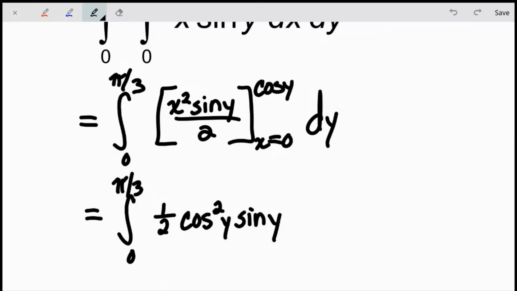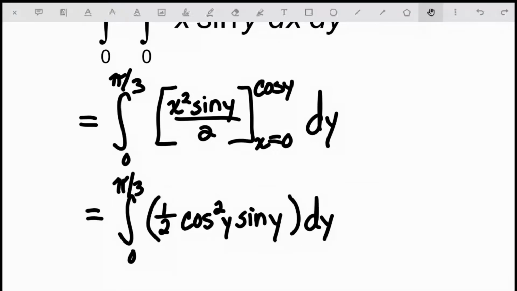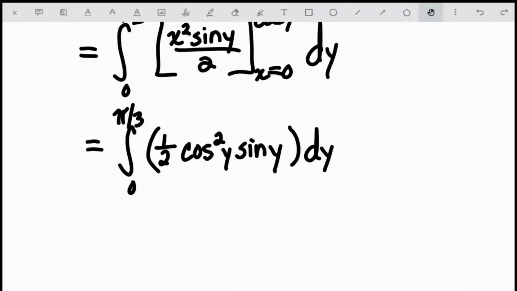When I plug 0 in for x, I'm going to end up with 0. So really, I just have that now dy. At this point, you can see that we would do a substitution. Your u would be cosine y, your du would be negative sine y dy.